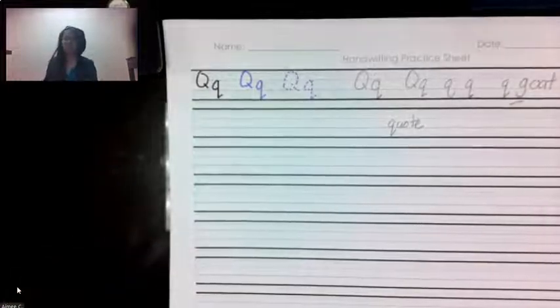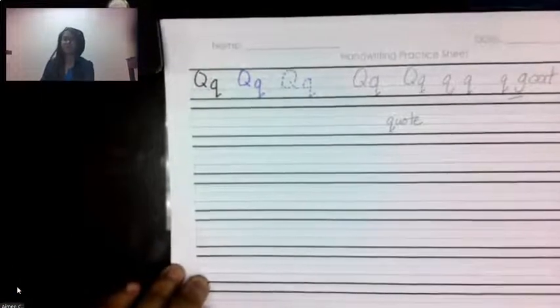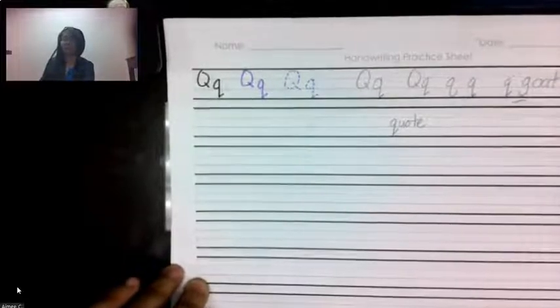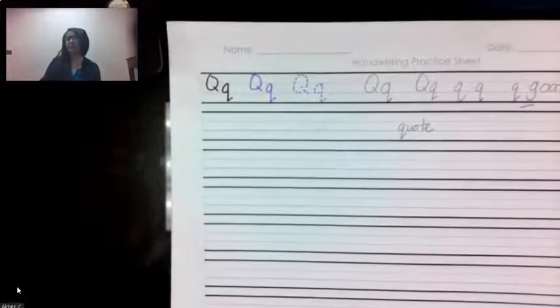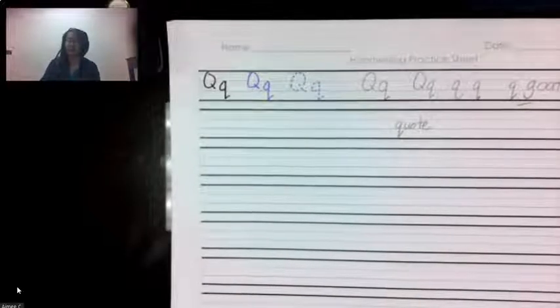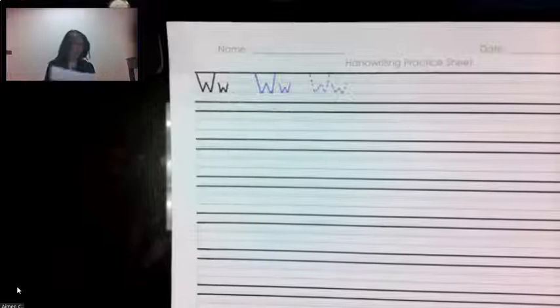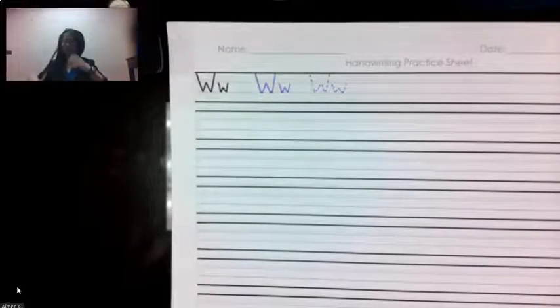Quote. So that's when you say something exactly how somebody else said it. So a lot of famous people have famous quotes, like I have a dream is a quote from Martin Luther King Jr. That's the only one I can think of off the top of my head.